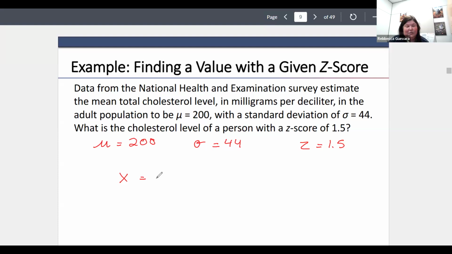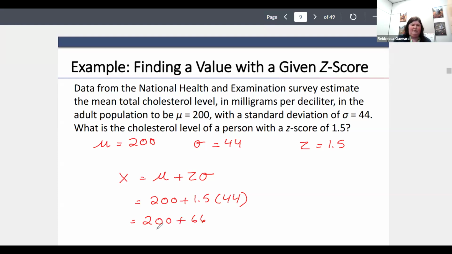So x is going to be mu plus z times sigma. So it's just going to be 200 plus 1.5 times 44. So that would be 66. So we should end up with 266.